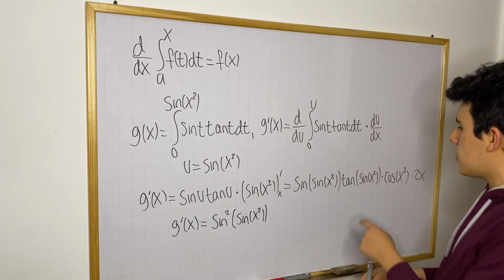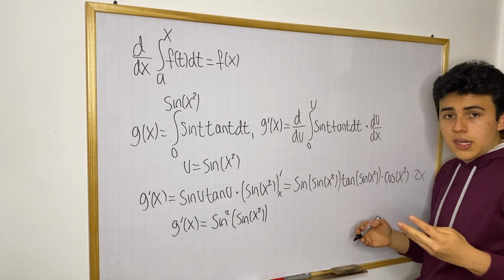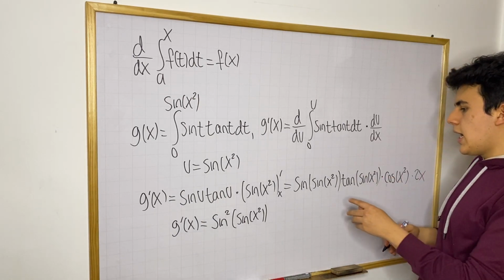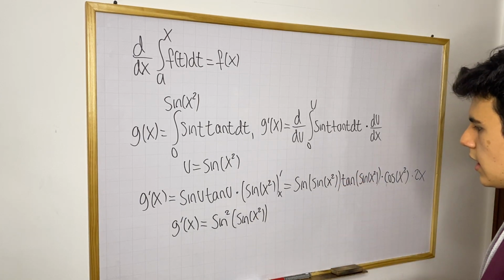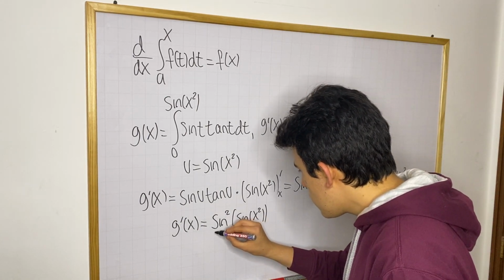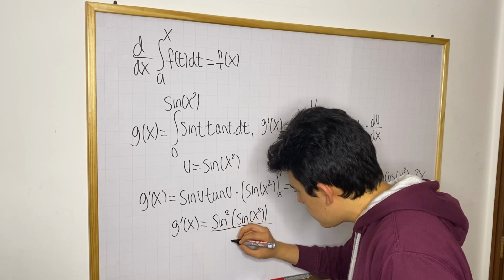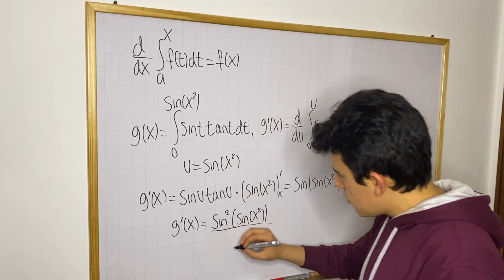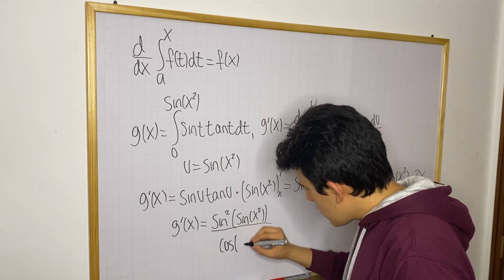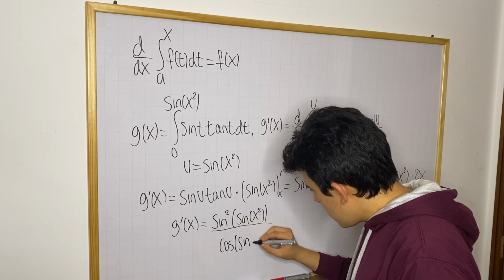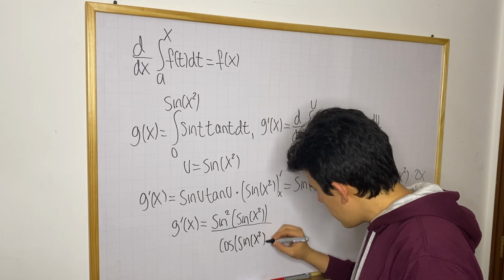This is sine squared because recall tangent is equal to sine divided by cosine. And over here you have sine times sine over cosine. So you get sine squared in the numerator, and you're going to divide this thing by cosine. So we have cosine of sine of x squared, okay?